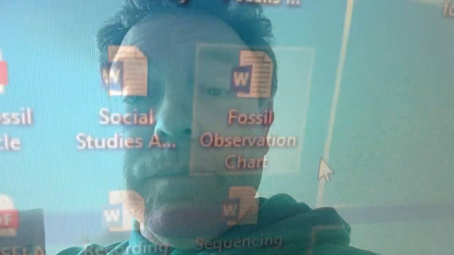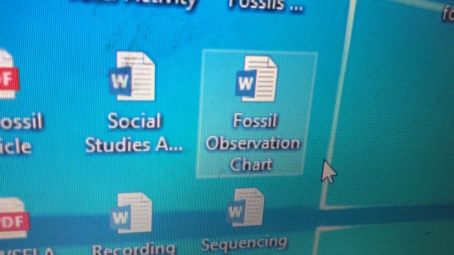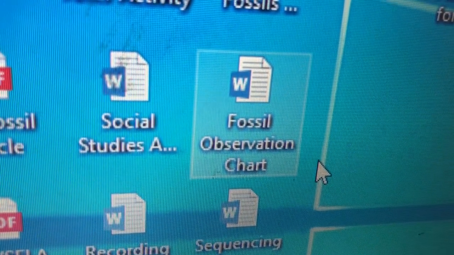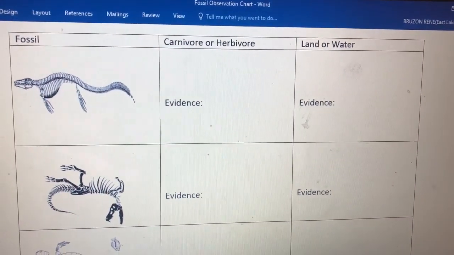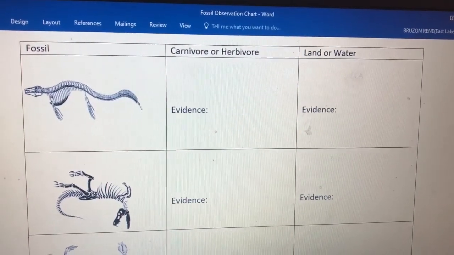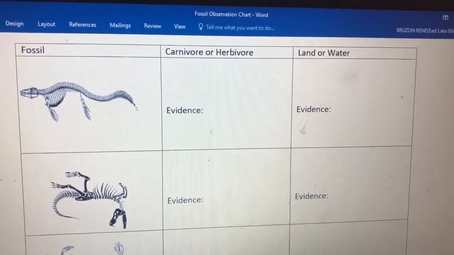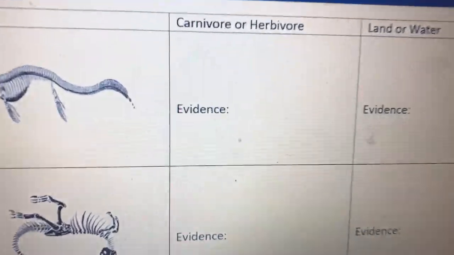So you're going to infer whether they are herbivores or carnivores, plant eating or meat eating, and if they lived on water or land. The name of the document is Fossil Observation Chart. You see it right there? So open it up. It looks like this. So it has a drawing or picture of the fossil. Then it says carnivore or herbivore, and land or water, okay? And then there is a little, you see right there that says evidence.